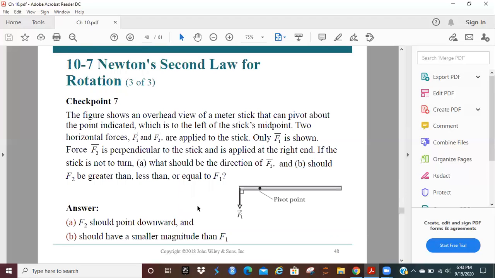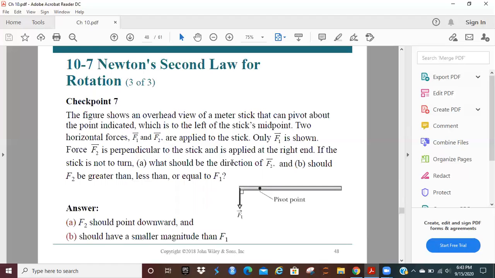So, Newton's second law for rotation, you've got a figure that shows basically the same kind of thing as what you had before. You've got a force over here to the left of what's considered to be the pivot point. You've got two horizontal forces, F1 and F2, that are applied to the stick, but only one is shown.